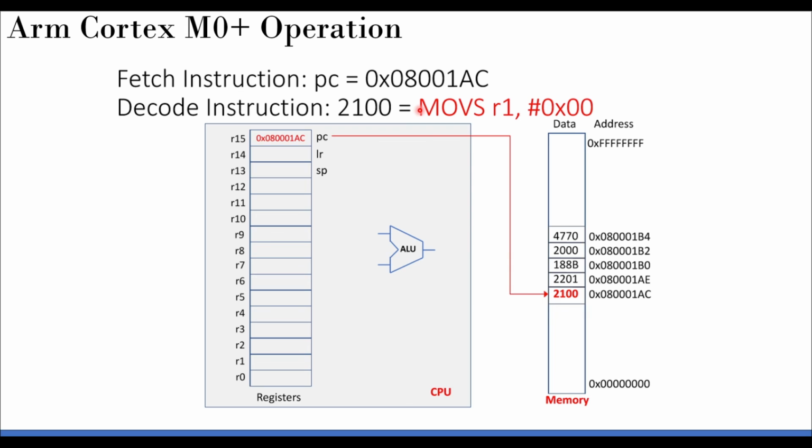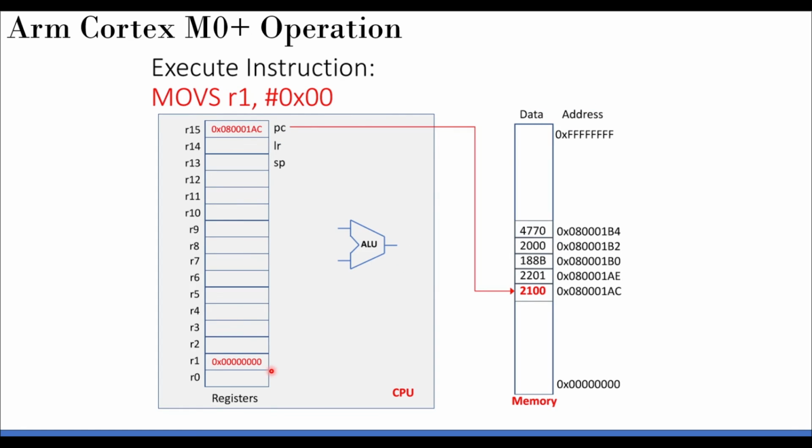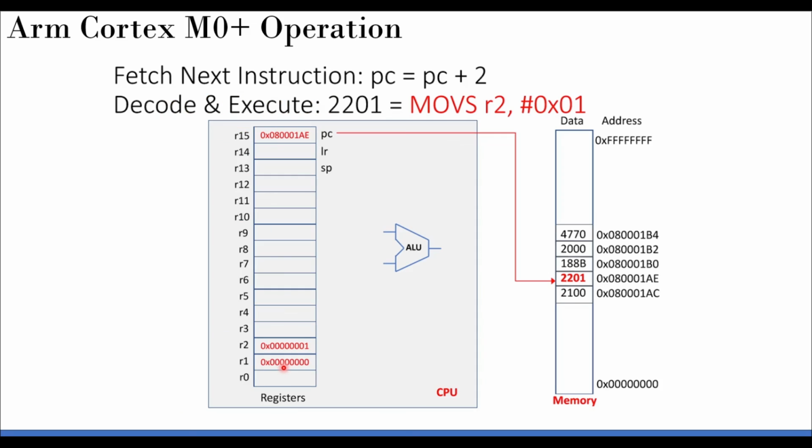If I execute this instruction, the program counter will have this address so that it can execute this particular instruction. So register R1 gets the value 0x00, and in binary it looks like this.